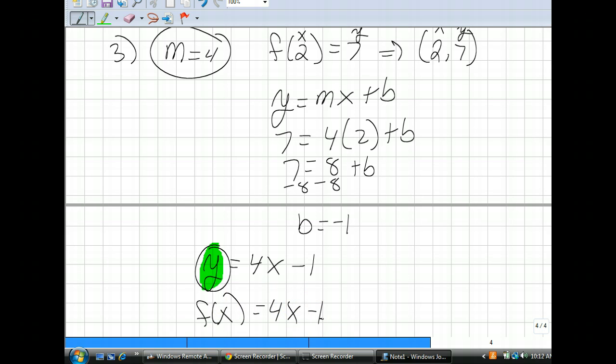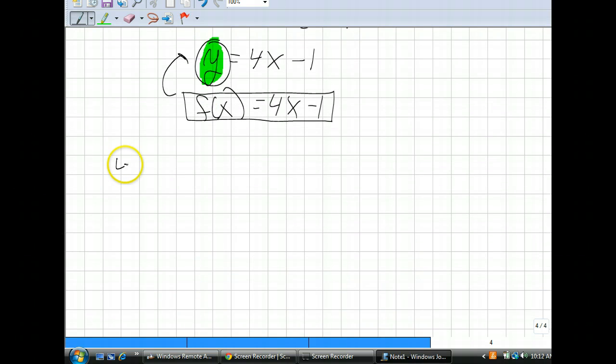Now remember that we can go back the other way too. If I give you this function and I ask you to graph it, you can replace the f of x with y and go back to that. So it just depends on what it is that you want to do. Okay. Right now we're writing the equation of the function. So last example like this.